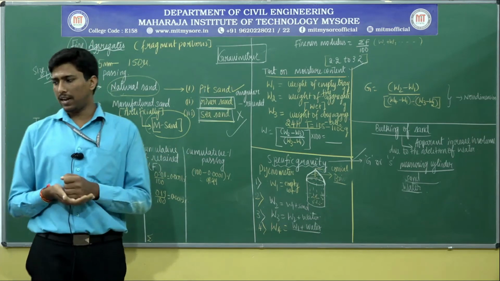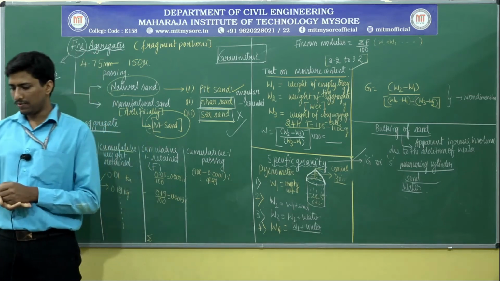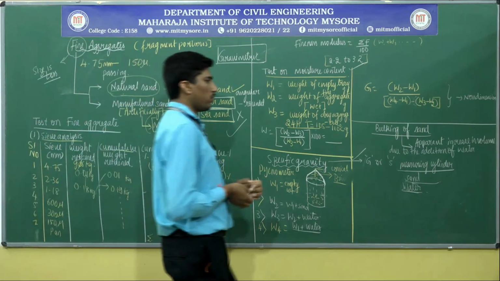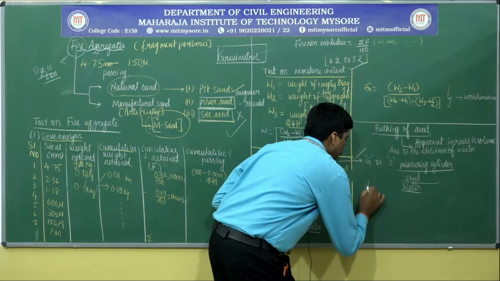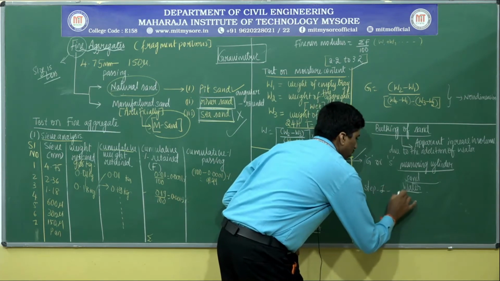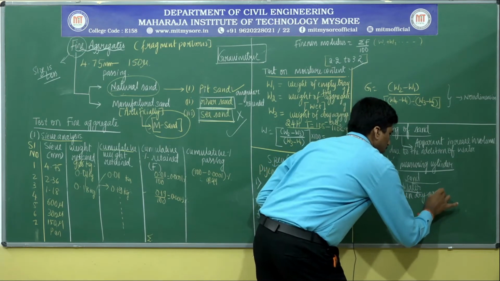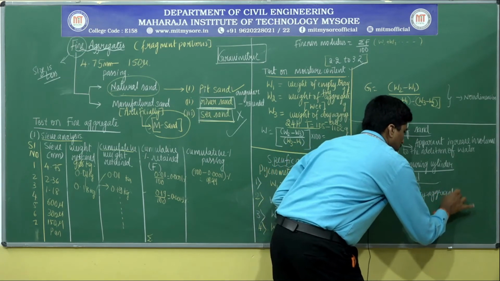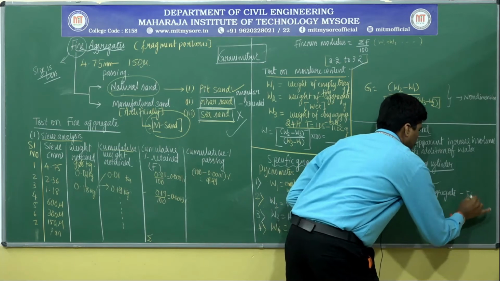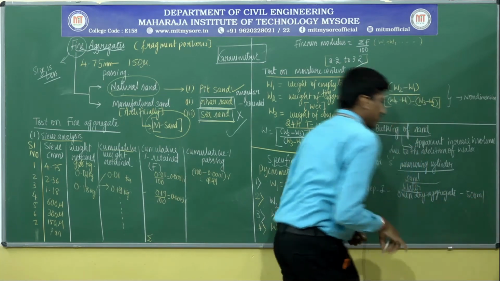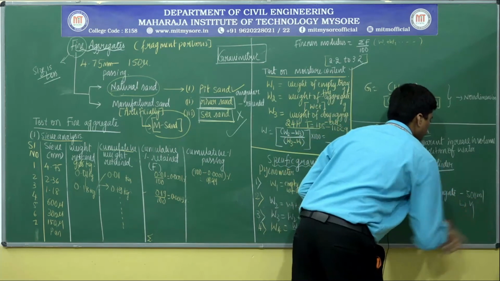So in this aspect, take 500 ml of the oven dry aggregate. This is step 1. It is taken with respect to 500 ml. We denote it as V1.